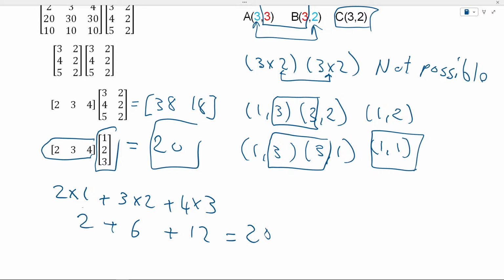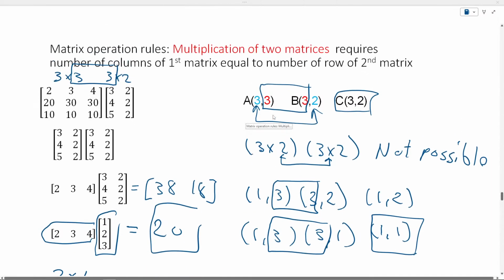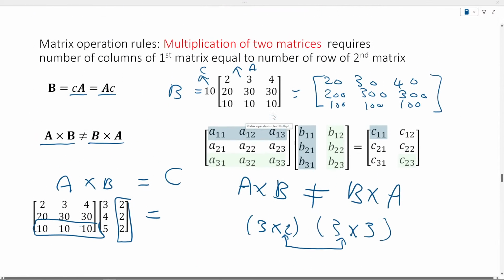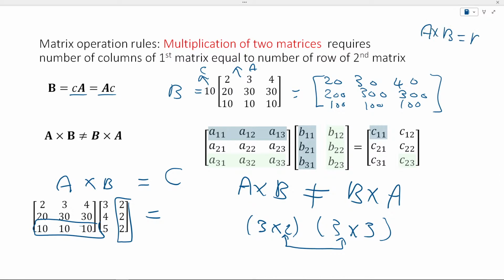Okay. So now you are expert in matrix addition and matrix multiplication, and you know that the most important thing about matrix multiplication is that this is not like algebra. In regular algebra, A times B is equal to B times A. In linear algebra, A times B is not equal to B times A. Because in algebra, these are just scalars, but here each of these is a matrix.